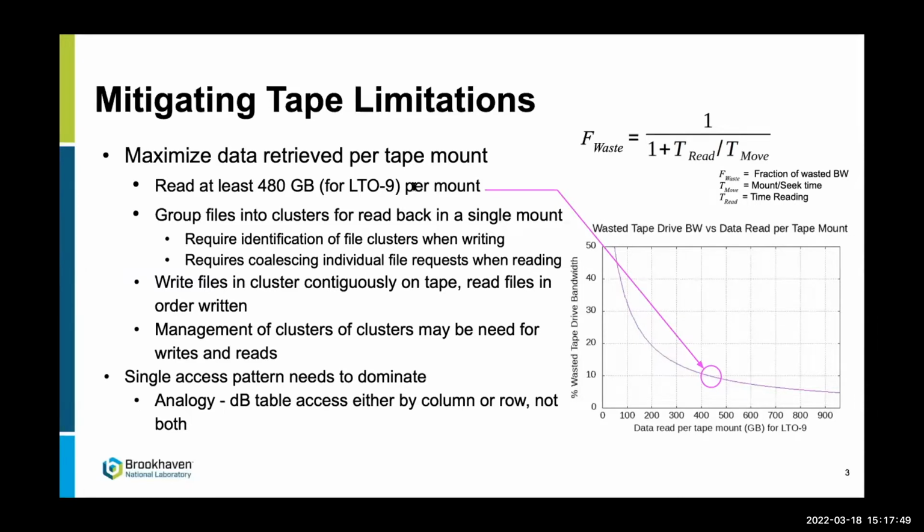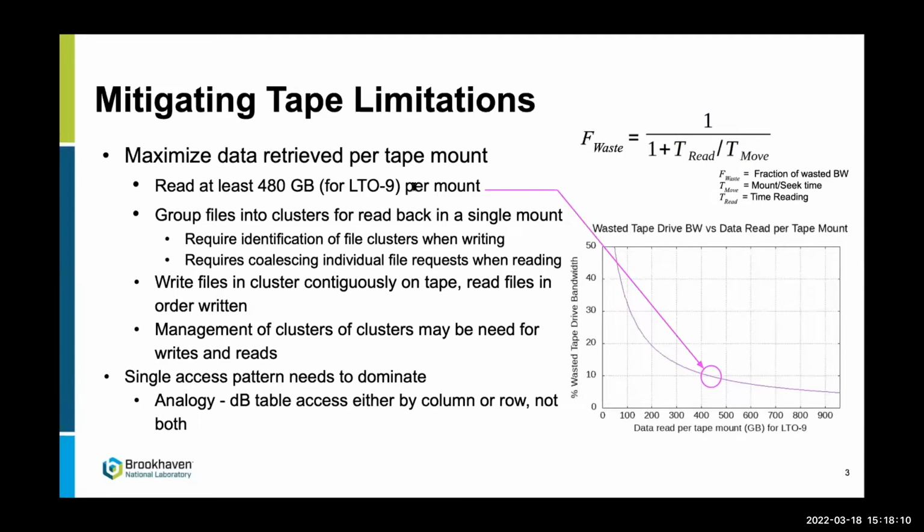So the equation on the upper right-hand corner is basically the equation you would use to calculate how much of your tape drive bandwidth is wasted depending on the amount of data that you read.